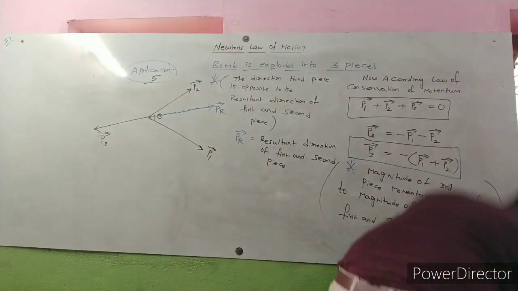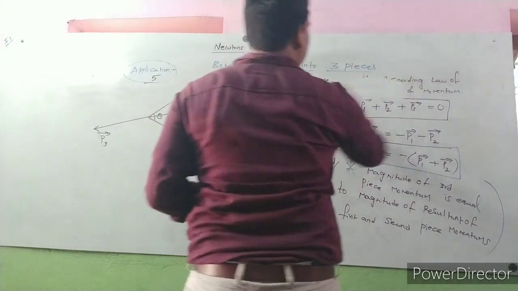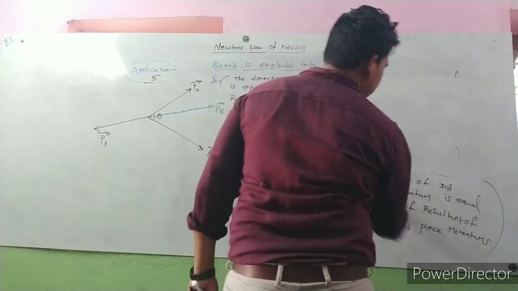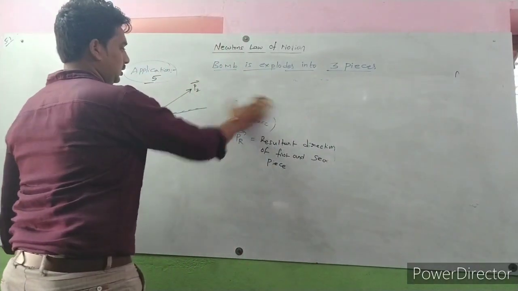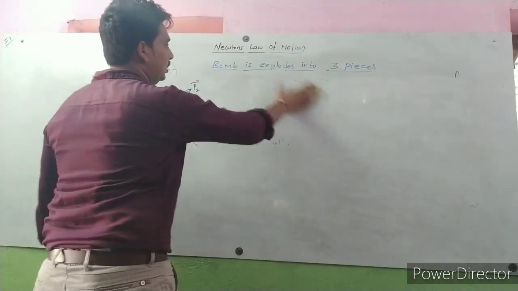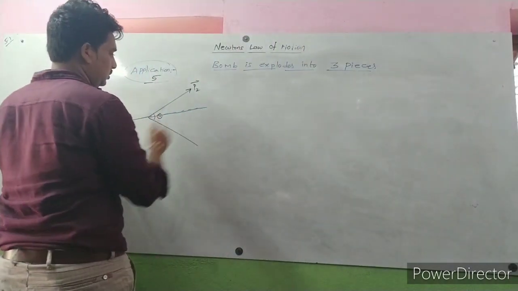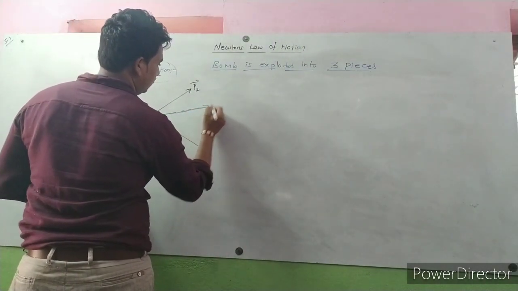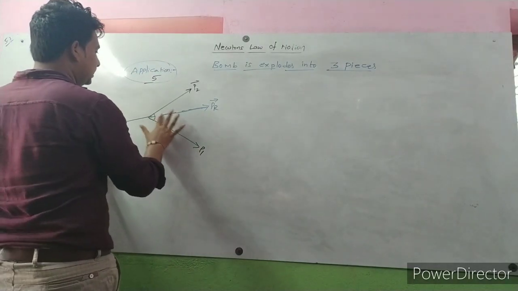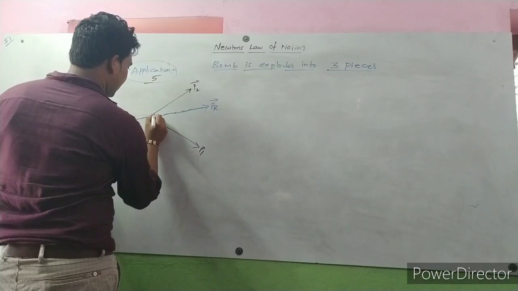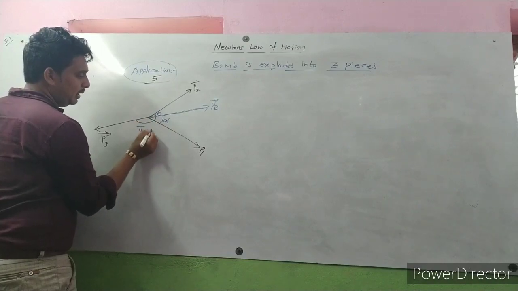Observe carefully. From this we concluded: the angle between these two is theta, the angle here is alpha, and this angle is pi minus alpha.